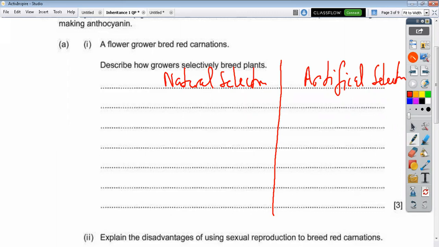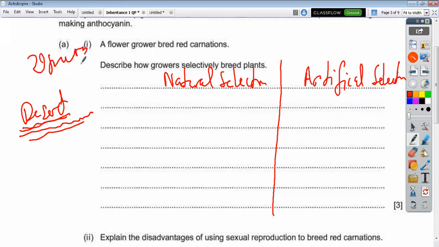So natural selection. Don't write anything. I just want to explain here. Let's say people go and live in a desert. Let's say maybe 20 years ago, a certain group or a certain population migrated and went to live in a desert.